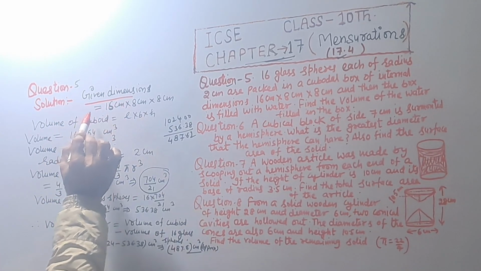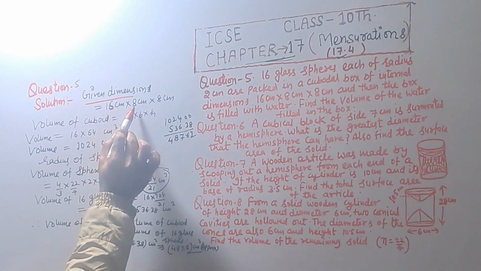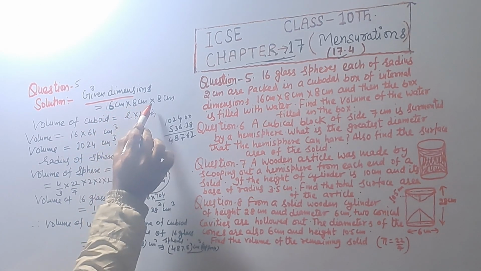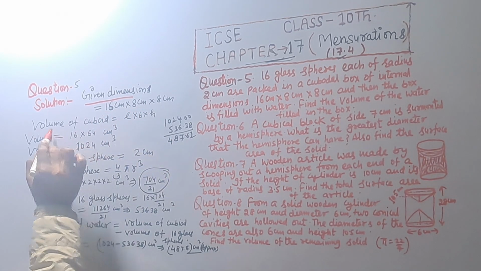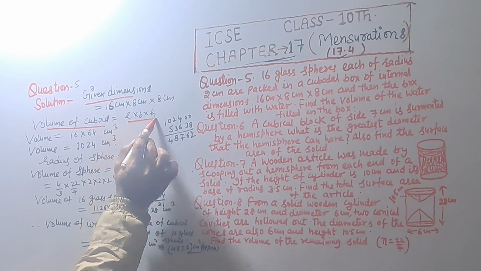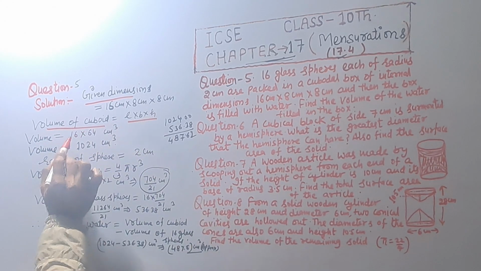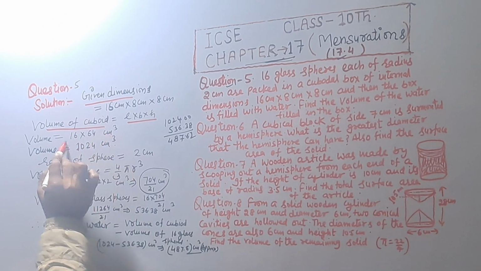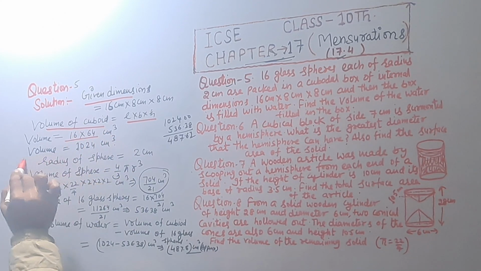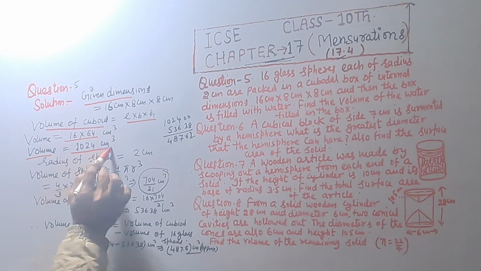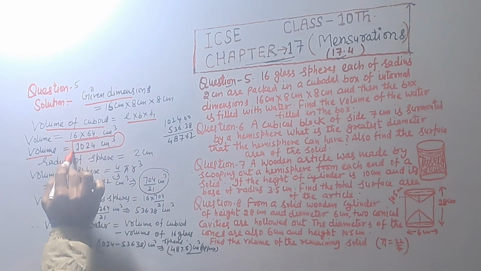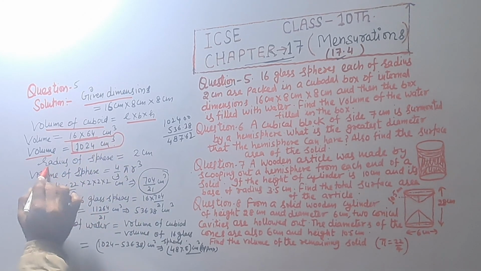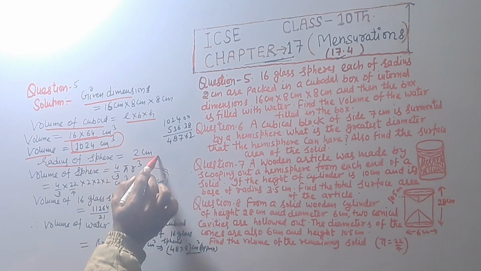Given dimensions are 16 centimeter cross 8 centimeter multiplied by 8 centimeter, that is volume of cuboid is L into B into H. 8 8s are 64 into 16 centimeter cube. So volume of cuboid is equal to 1024 centimeter cube, and radius of sphere is 2 centimeter.